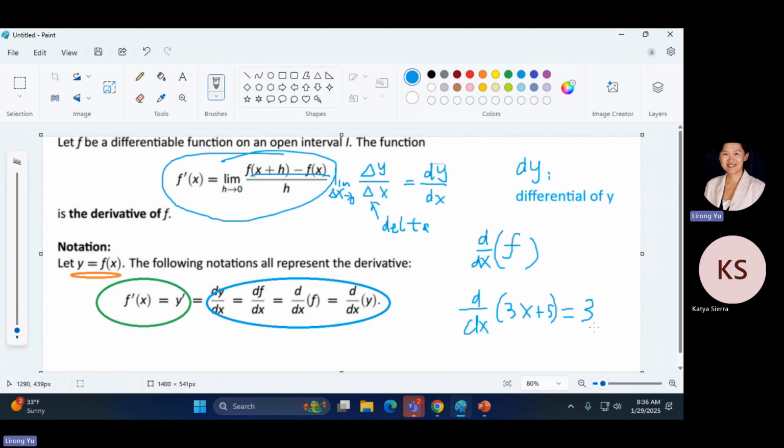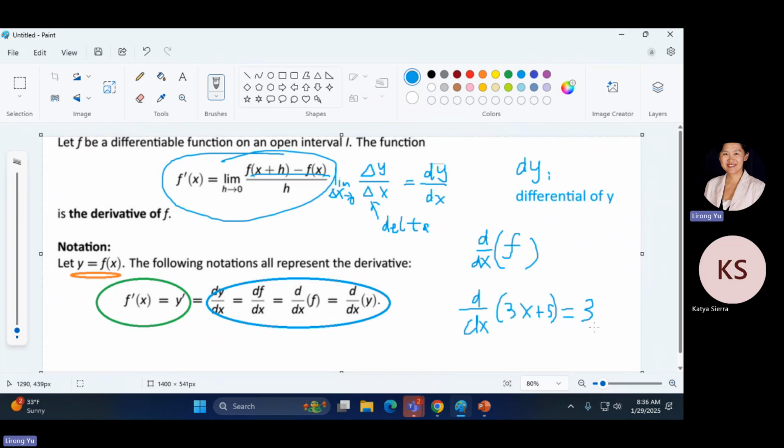So this kind of notation allows us to put the original function and the derivative function in the same equation. On the left, you have the original function, that's 3x plus 5. On the right, you have 3, which is the derivative function. And that doesn't come easy because in the original function notation, you have to write f of x equal to 3x plus 5, so f prime of x equal to 3.